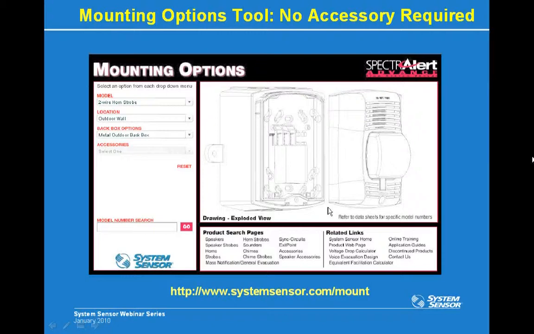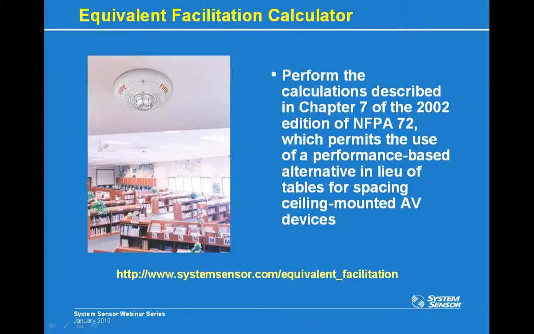So next, let's take a look at the equivalent facilitation calculator. Like the mounting options tool, the equivalent facilitation calculator is also a web-based application, so you can access it from any computer that has an internet connection simply by going to the address on this slide or through systemsensor.com/AV.